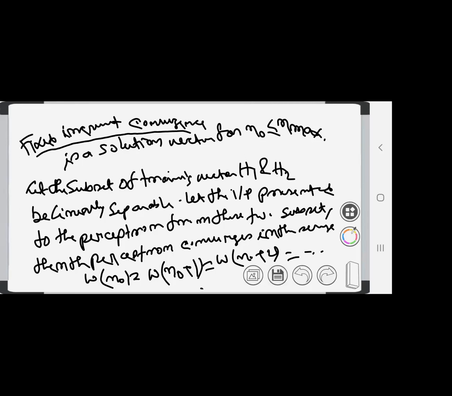Okay. Now let us consider next the absolute error correction procedure. In this step, we'll consider the absolute error correction procedure.